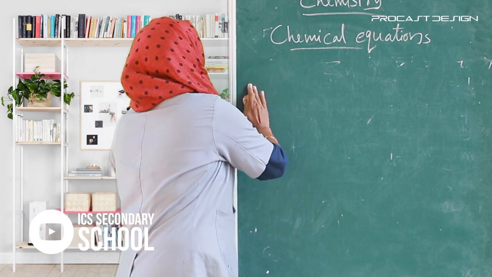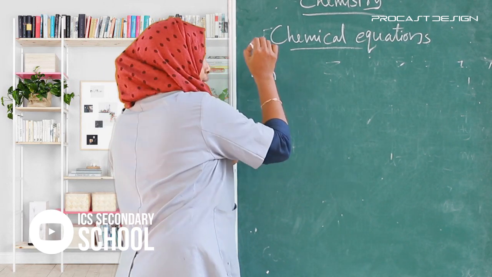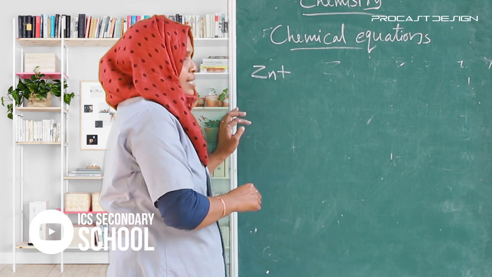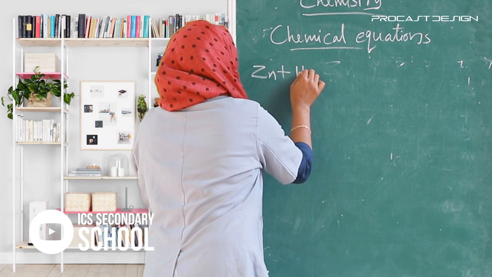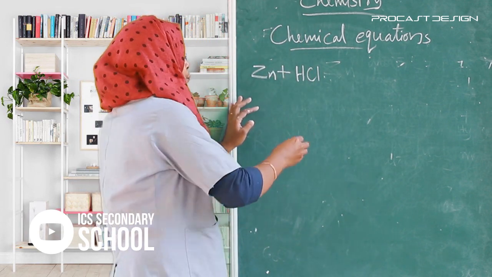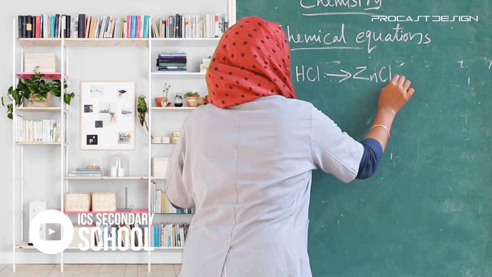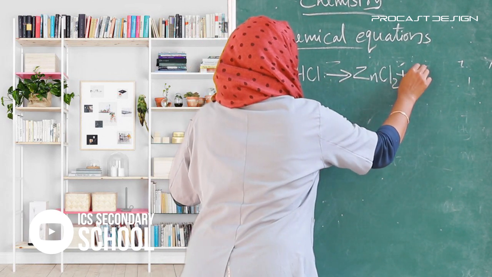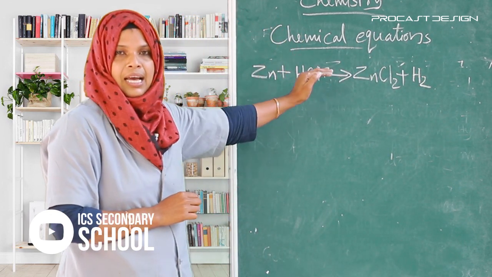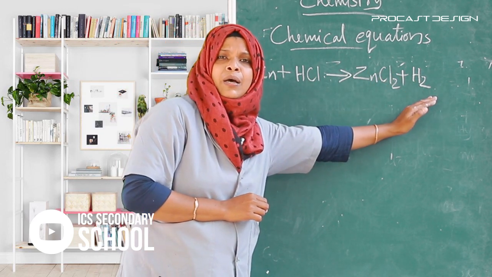First, the symbol of zinc is Zn. Zn reacts with hydrochloric acid. The chemical formula of hydrochloric acid is HCl, and they form zinc chloride and hydrogen. Here Zn and HCl are reactants and ZnCl2 and H2 are the products.